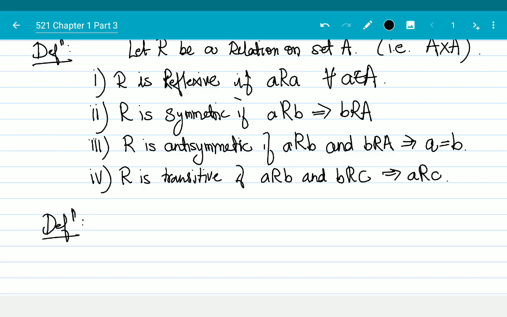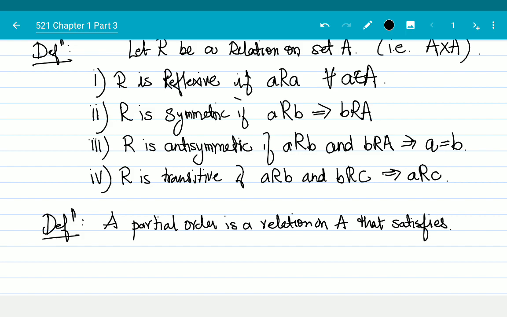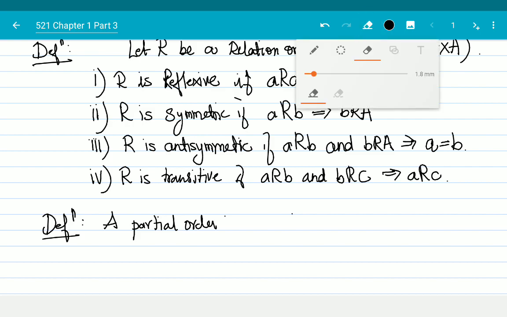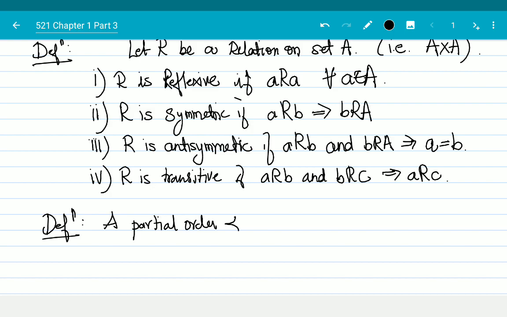Definition: a partial order is a relation on A. A partial order is generally denoted something like this.